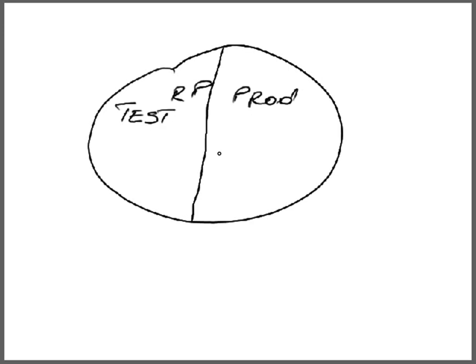So this is our ESX resource pool, and the resource pool here, let's assume, is made up of a 4 gigahertz CPU, which translates into 4000 megahertz, and let's assume we have 1 gig of memory, which translates into 1024 megabytes. So our resource pool, what we have to divvy up is 4000 megahertz and 1024 megabytes of RAM here.